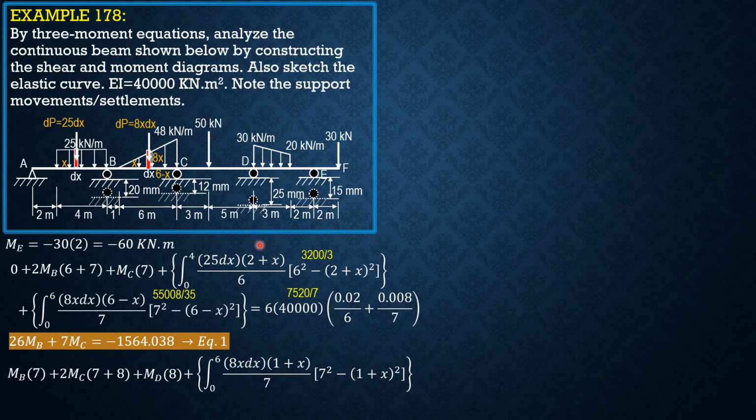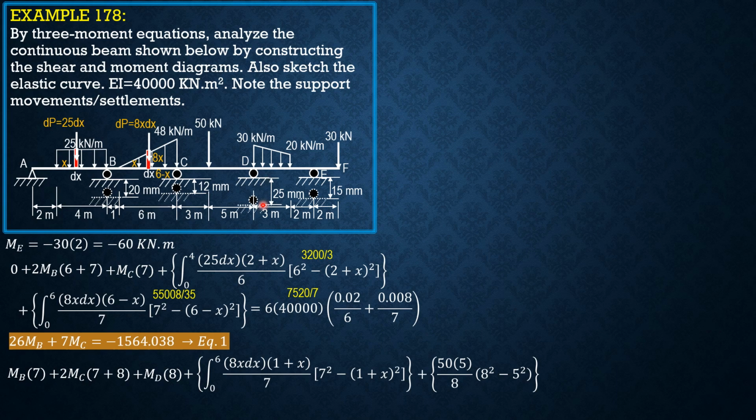Then the value of 6 area 2B over L2 for span CD is just PB over L, quantity L square minus B square, or 50 times 5 over 8, quantity 8 square minus 5 square. Then equals 6 times 40,000. So the line through C, B is below the horizontal line through C by 8 mm, so it is negative 0.008 over 7.